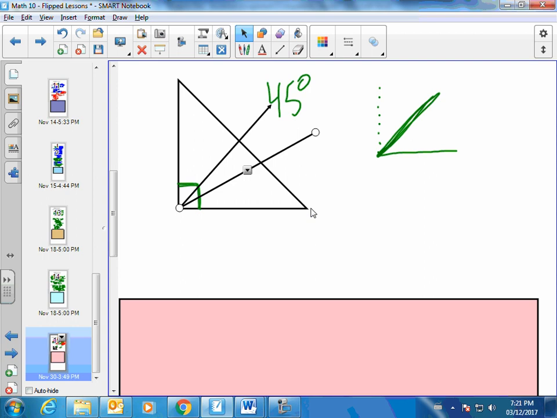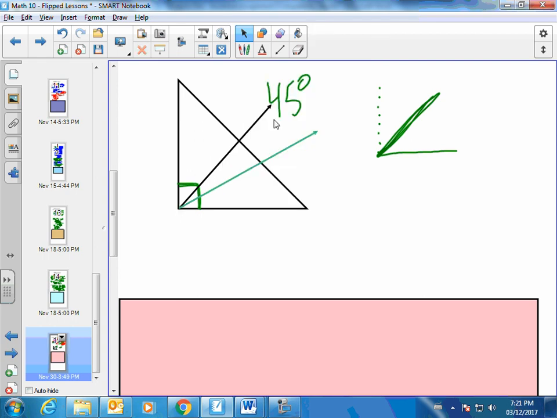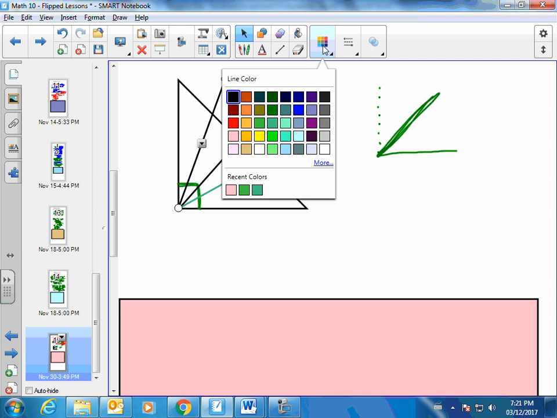Or what if we take another line and I draw it about 2/3 of the way out of my right angle. Let's make that one red.